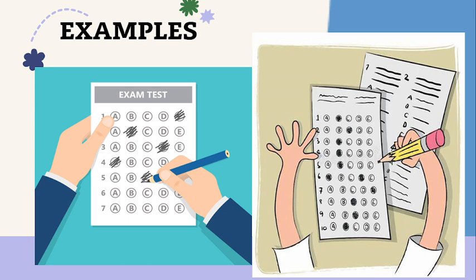The advantage of using multiple choice as a test item in mathematics assessment is that it is efficient. Also, it is easy to score and it assesses basic recall and recognition. While the disadvantage of it is it may promote guessing.